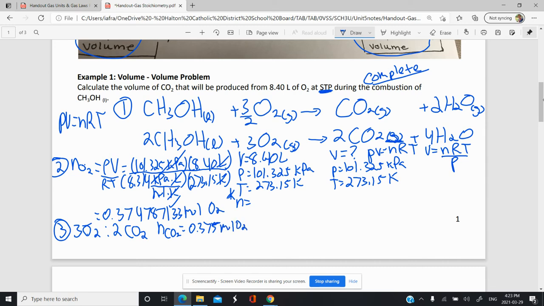Mole of O2 times 2 CO2 for every 3 O2s. I can cancel the 2's out. So I do times 2 divided by 3, and I get approximately 0.249858089 moles of CO2.